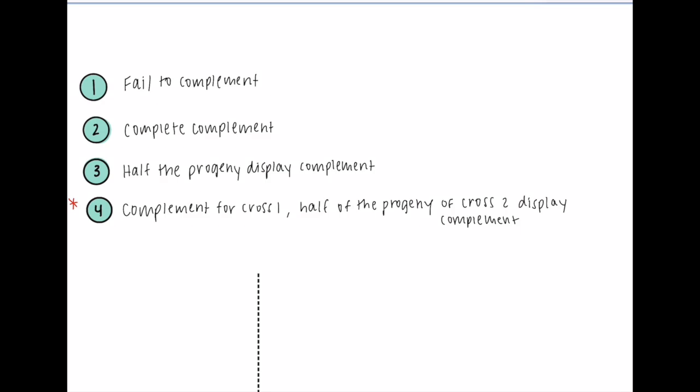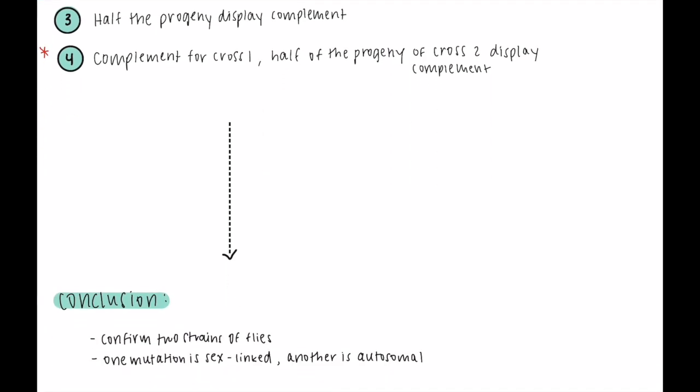In this scenario, cross 1 produces 100% wild-type progeny, while cross 2 results in wild-type females and white-eyed males. This scenario only occurs when there are 2 strains of white-eyed flies, with one mutation being autosomal and the other sex-linked. Based on our current knowledge, we believe this last scenario reflects the actual results of our experiment.